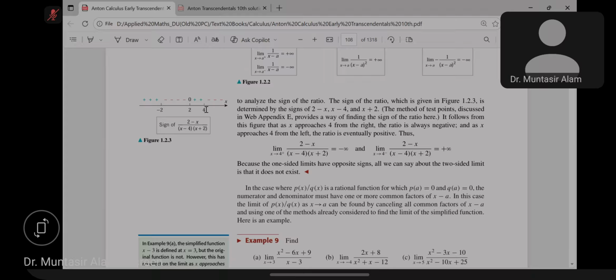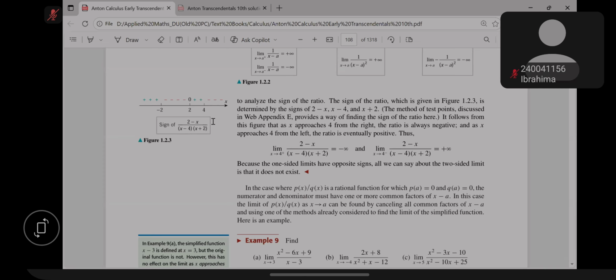So if we move from the right hand side of 4, what should be the sign of the function? Minus, all through minus. So the limiting value of the function as x approaches +4 is minus infinity. Do you understand?